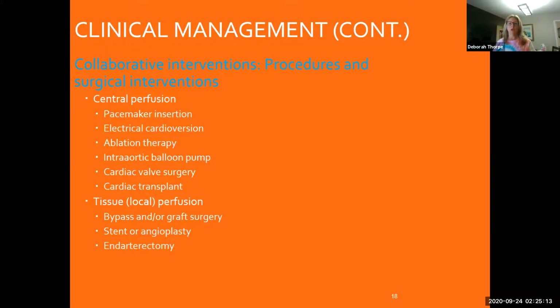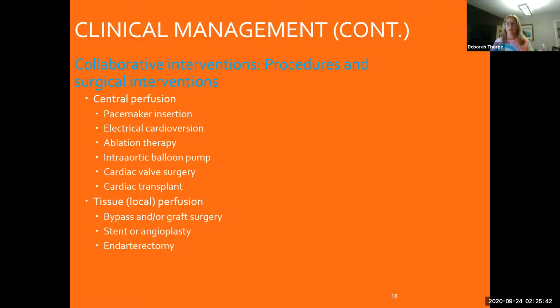Now, for clinical management, collaborative interventions are surgical procedures that are done in order to help support perfusion. So you could have a pacemaker insertion. This is an electronic device used to increase the heart rate in a severely bradycardic person by electrically stimulating the myocardium.